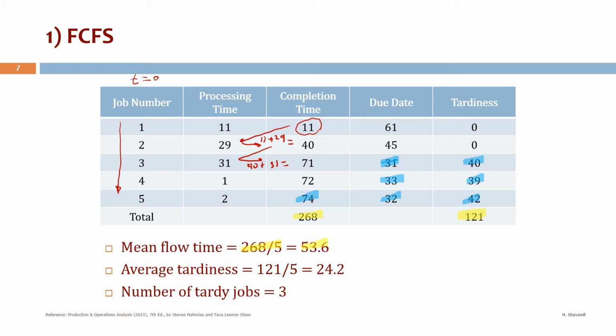For the average tardiness, we have the total tardiness as 121, and if we divide this by 5, the number of jobs, the average tardiness will be 24.2. And for the number of tardy jobs, we have three jobs that have tardiness, so the number of tardy jobs will be 3 here. So this is the schedule based on FCFS, and we see the performance measures here.